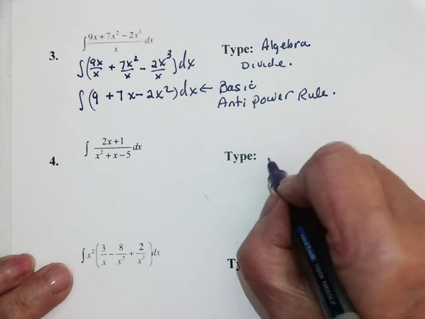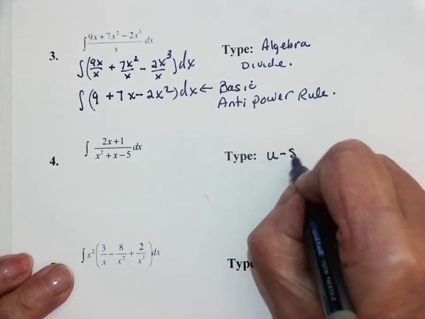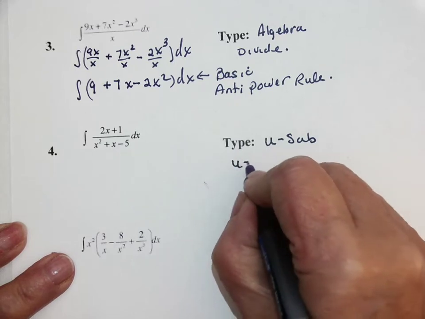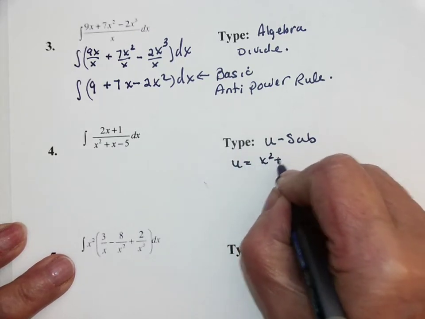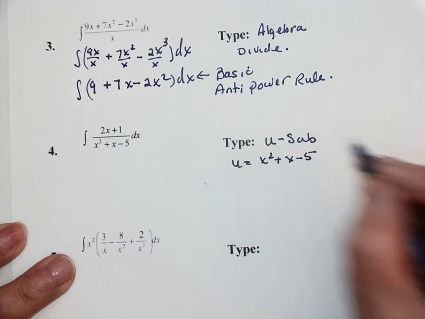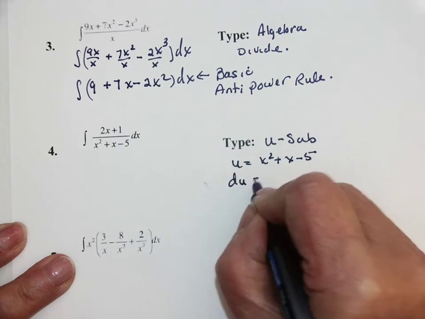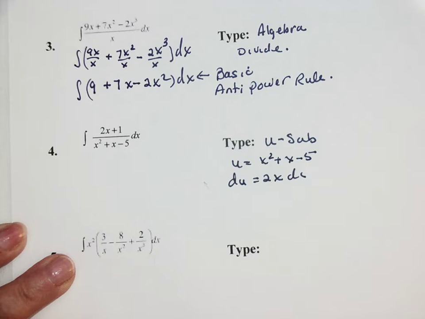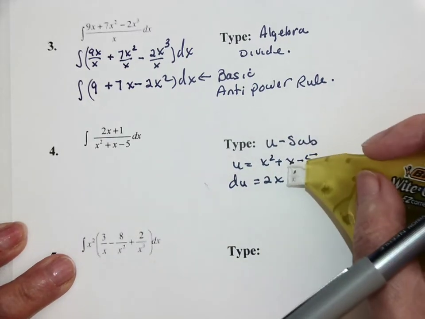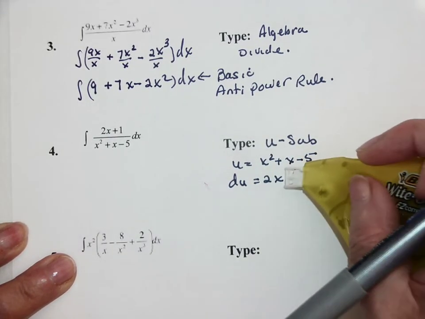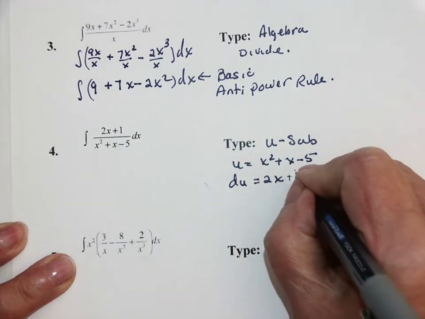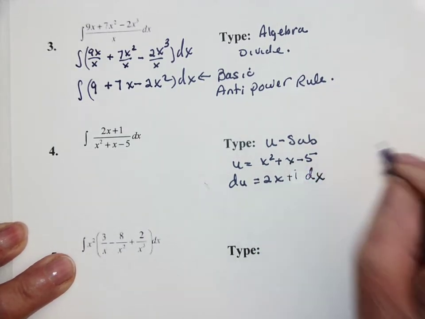So he's a u sub, where u is x squared plus x minus 5, so that du is 2x plus 1 dx.